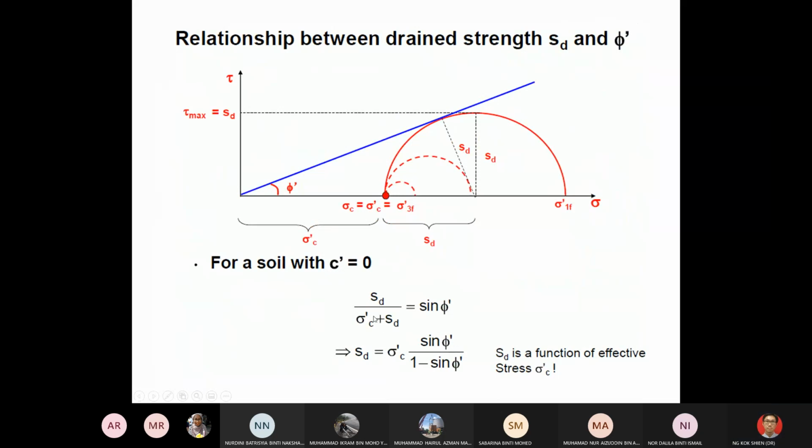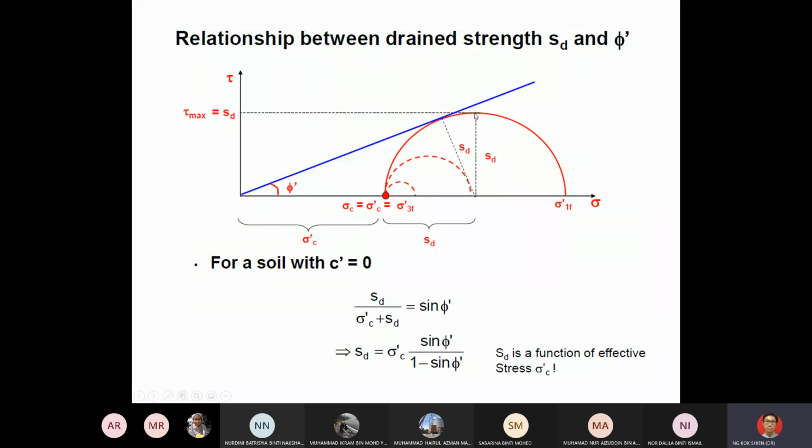Sine phi is equal to S_D divided by (sigma_c plus S_D). So S_D equals sigma_c prime times sine phi, divided by 1 minus sine phi. So if we have a friction angle and the confining pressure, we can find the drained strength easily. But remember that the drained strength that we get is actually this point.